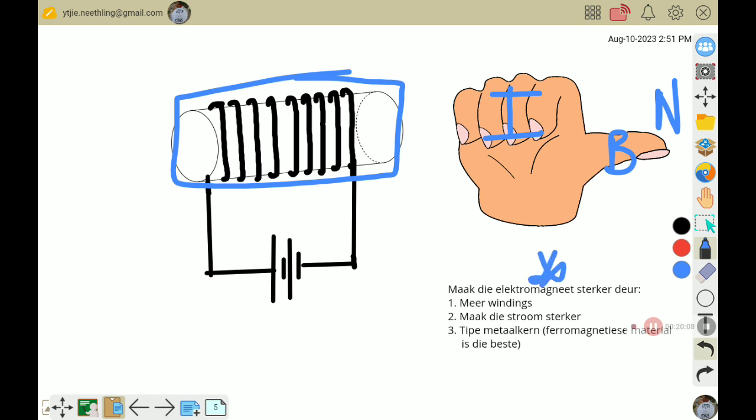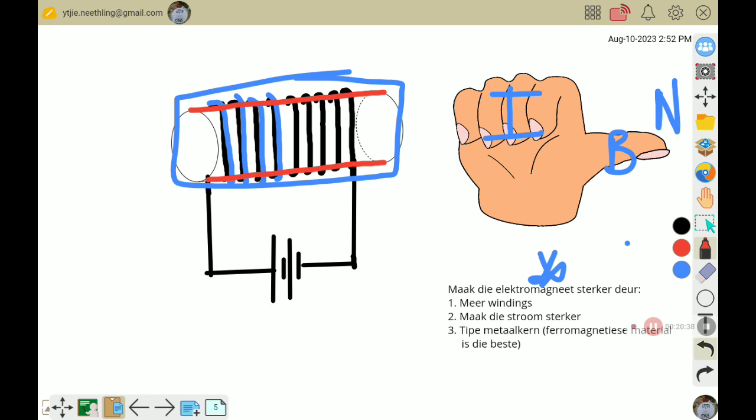Okay, so for the electromagnet to get stronger, we need to use more windings. So it is this copper wire usually that is like that around the kernel. Usually an iron kernel will be your best one. So your kernel is this part. Kernel is that inside cylinder.